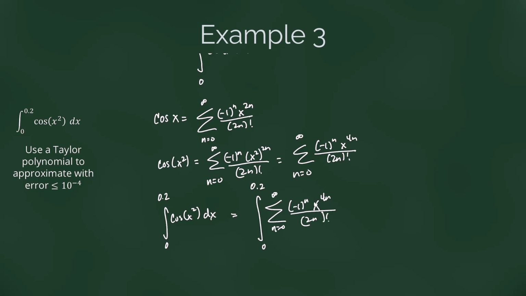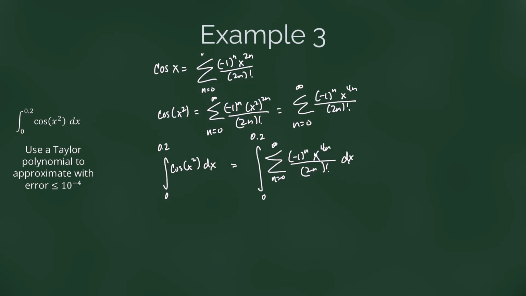And again, like we saw with the derivative, the sum of the integrals is the same thing as the integral of the sum, so we can rewrite this as the sum from n equals 0 to infinity. I can move all the pieces that don't have x's in them to the front, and I get the integral from 0 to 0.2 of x to the 4n dx.